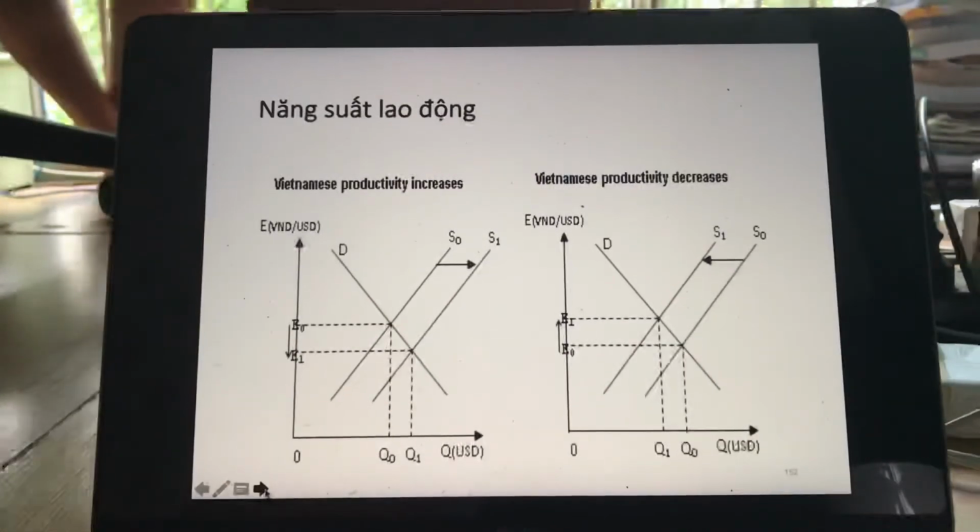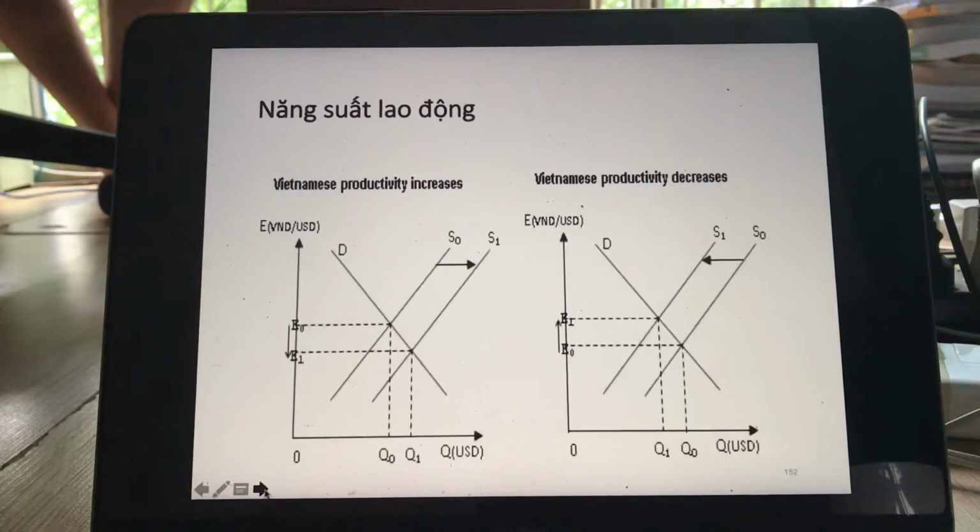Nguyễn Nhung, please. Well, when the productivity increases, we can produce more. So the supply will increase, and the supply curve will shift to the right, while the demand curve is stable.